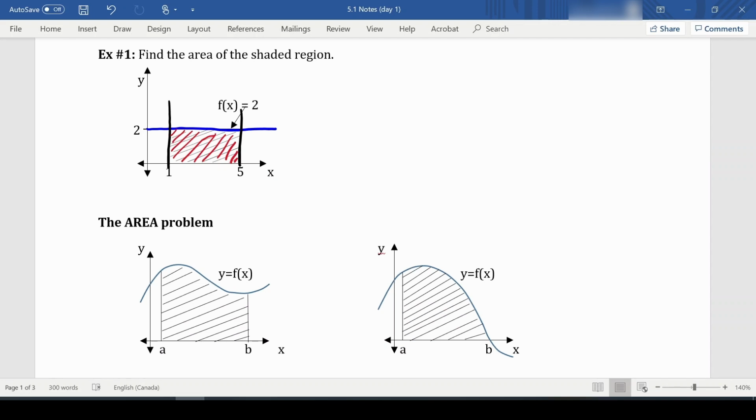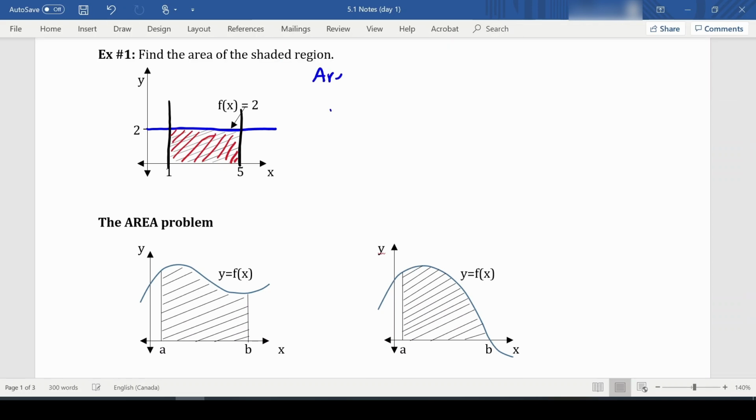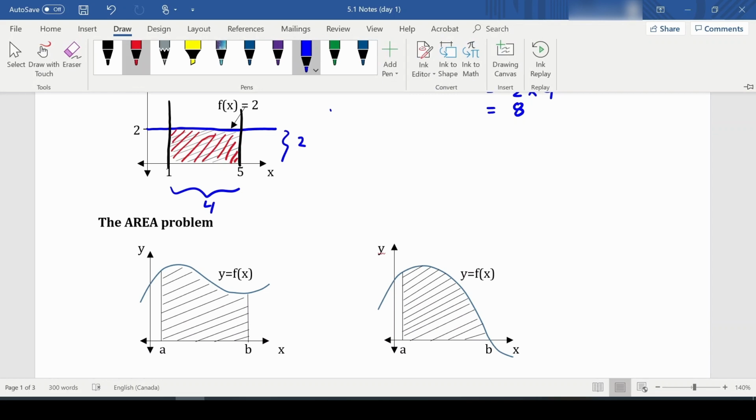Now, we can just use regular old area to figure out the area of this. We know the area of a rectangle is equal to length times width, which in our case would be 2 times 4, which would give me 8. Okay? This would be the area of the region here.